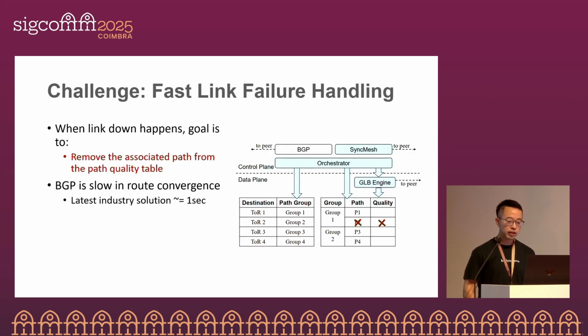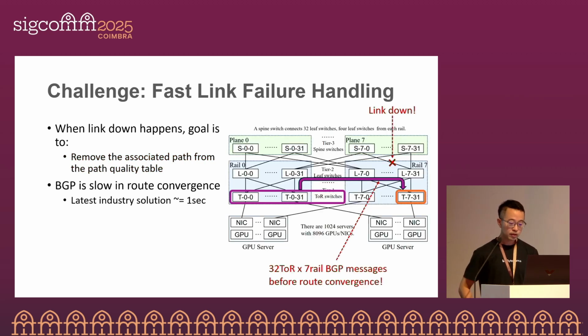So now we look at another challenge, fast link failure handling. As you can see in the picture, when link down happens, the goal is to remove the associated path from the path quality table. So traditionally, the network always relies on BGP for route convergence when link failure happens. The problem is that BGP takes too long for route convergence.